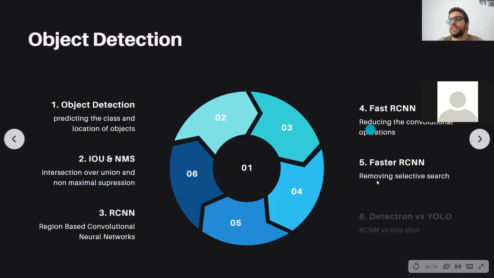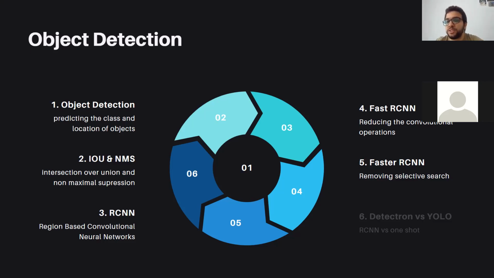We've seen that faster RCNN is the same thing as fast RCNN, but removing the selective search algorithm and replacing it with an algorithm based on neural networks called RPNs, region proposal networks, sorry. Feature proposal networks are something else.